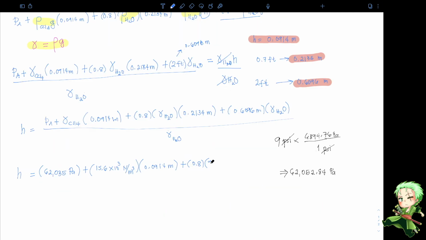So that's 9.80 times 10 to the power of 3 newtons per cubic meter.